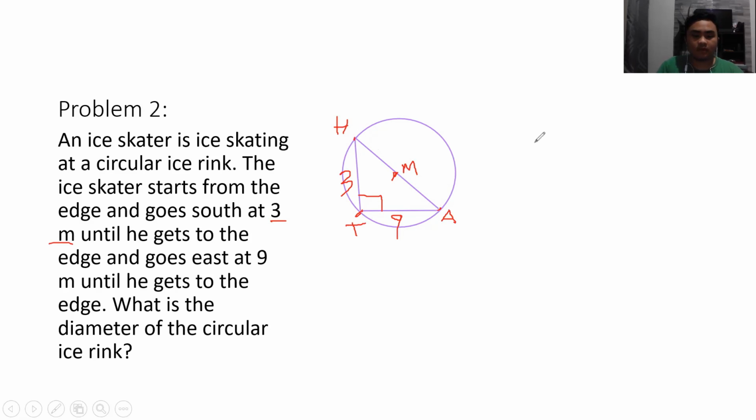So let us start. In circle M, let line segment HT be equal to 3, and let line segment TA be equal to 9.